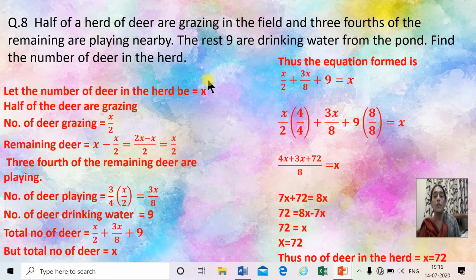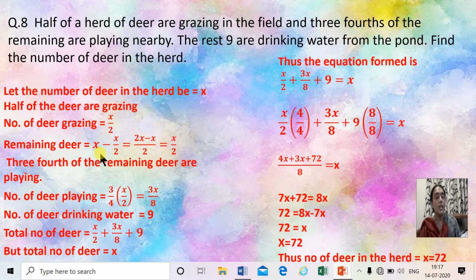Now from what is remaining? From this x, I am subtracting half of the deer, and then from whatever is remaining, I will find 3/4 of that. So first let me find the remaining. Remaining deer will be equal to the total number of deer, which is x, minus the number of deer which are grazing, that is half of them, minus x upon 2.